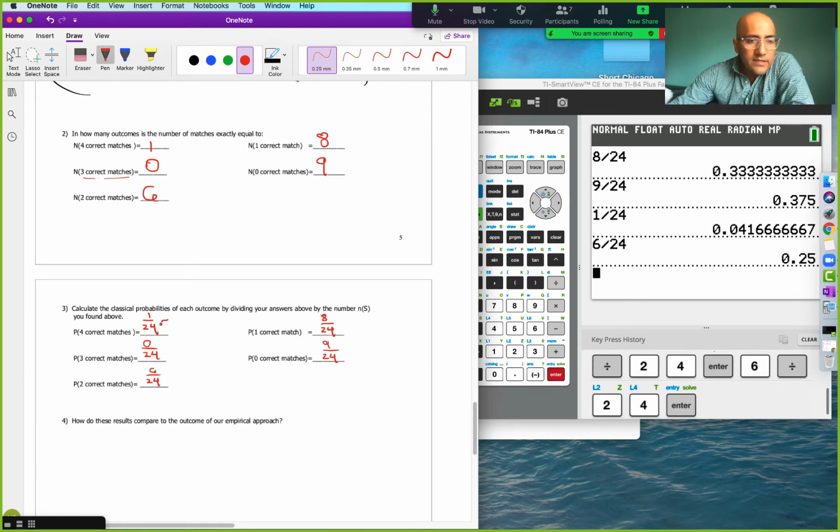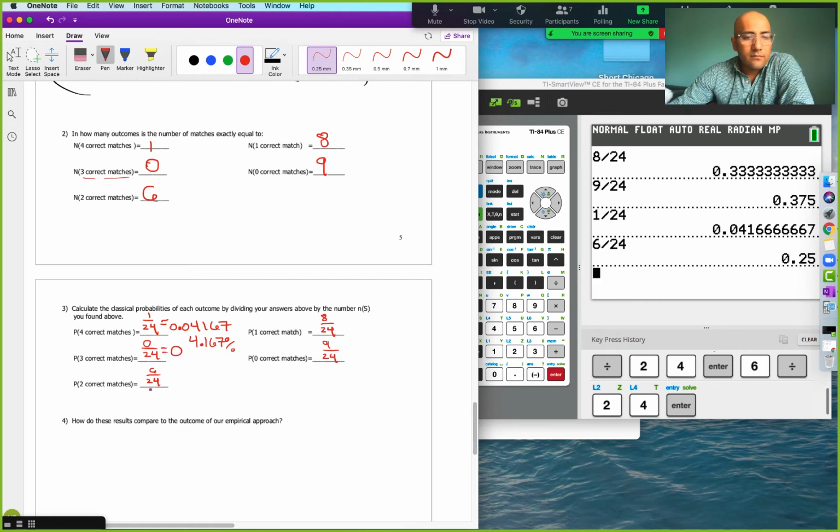So 1 out of 24 is 0.00417, which is approximately 4.167%. For 3 matches, we're saying it's 0.